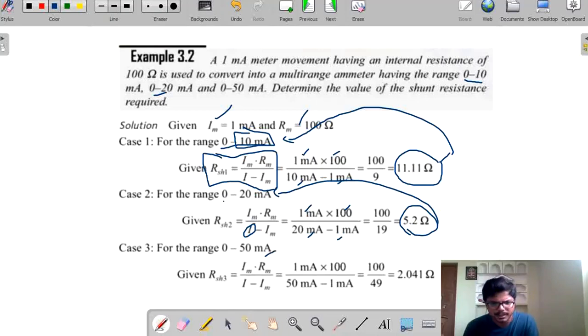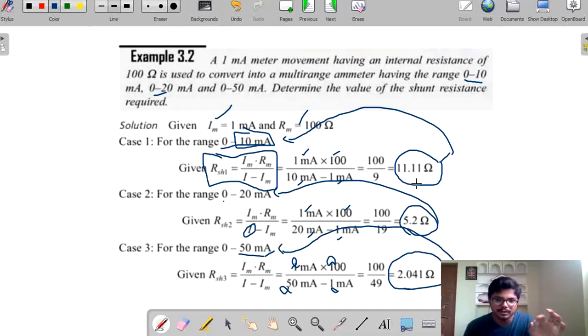And similarly in the third case, 0 to 50 milliamperes. So IM is 1 milliampere, RM is 100 ohms, I maximum value is 50 milliamperes and IM again 1 milliampere. By solving this, we are getting 2.041 ohms. It means if I place 2.041 ohms in shunt with my galvanometer, it can measure a maximum value of 50 milliamperes.